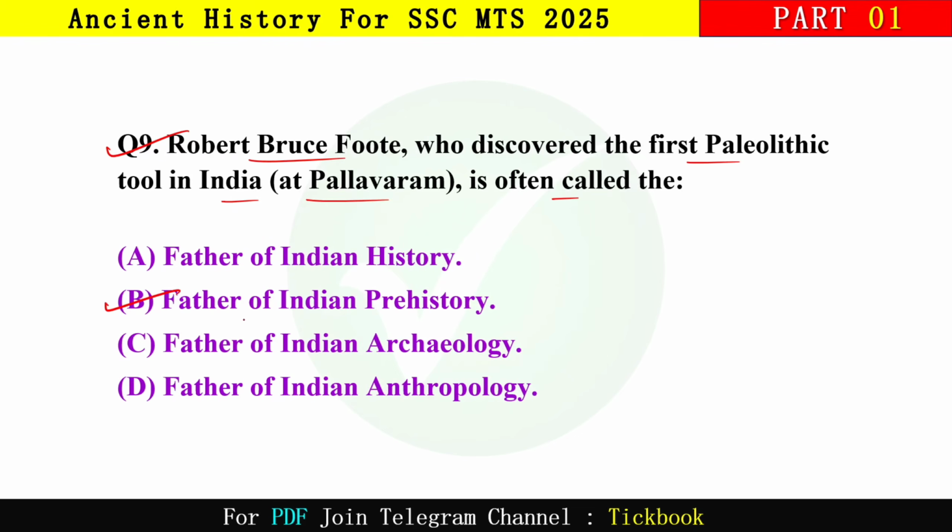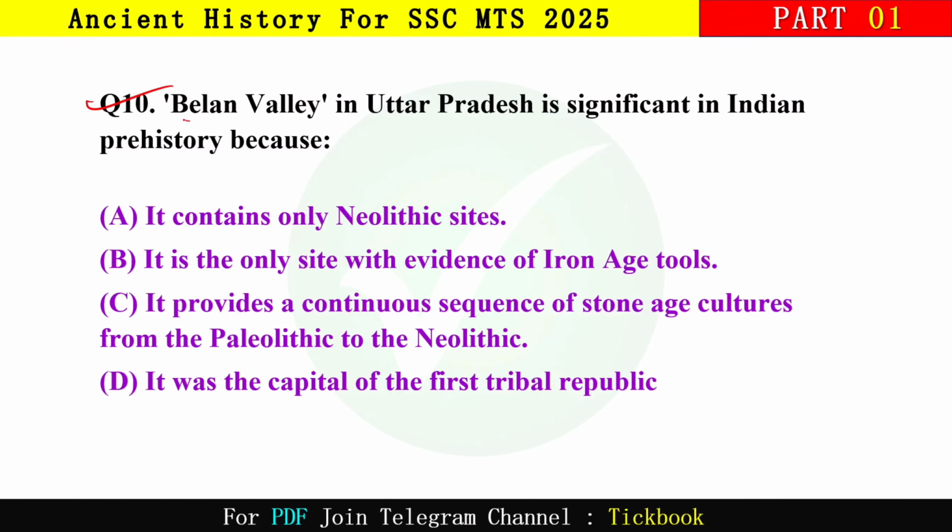Option number B, father of Indian prehistory. Question 10, Belan Valley in Uttar Pradesh is significant in Indian prehistory because? Option number C, it provides a continuous sequence of Stone Age cultures from the Paleolithic to the Neolithic.